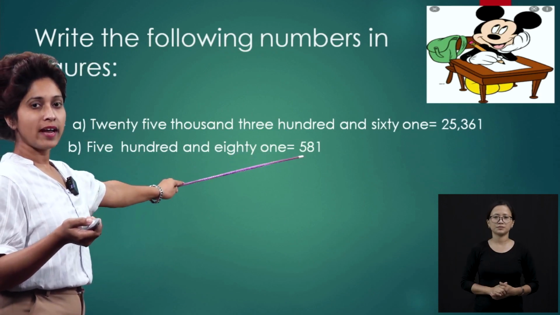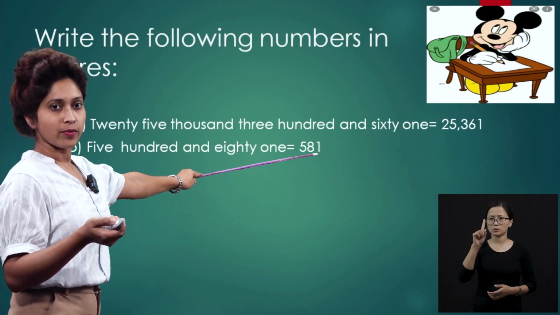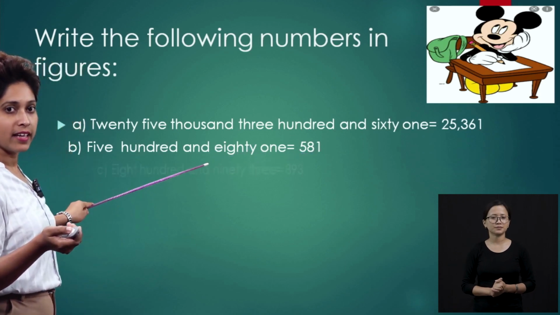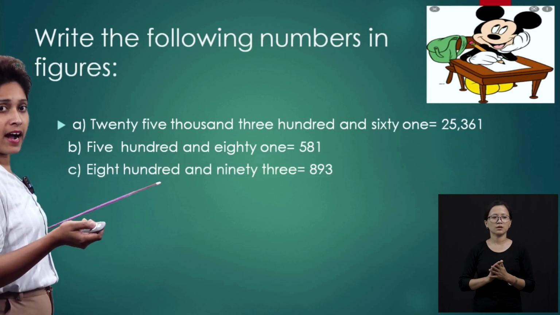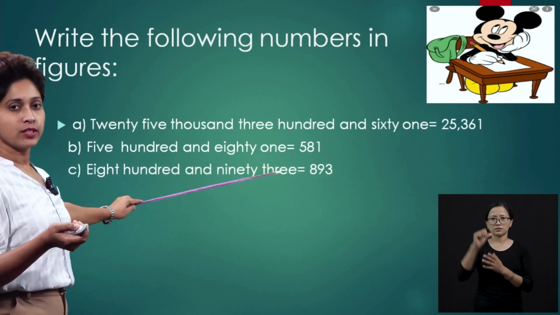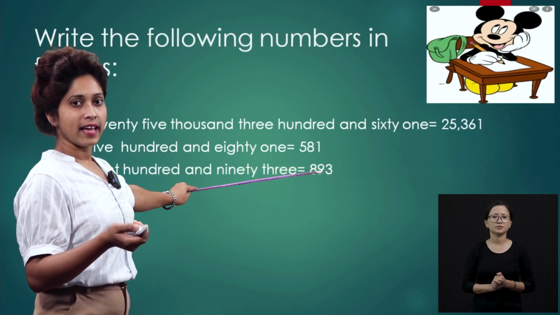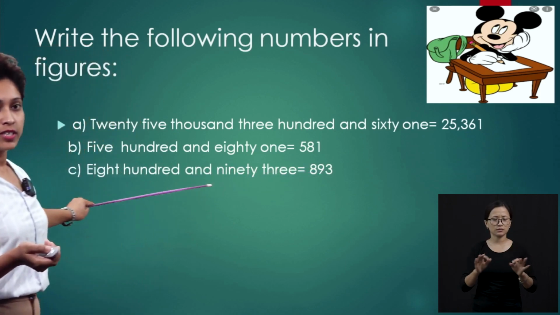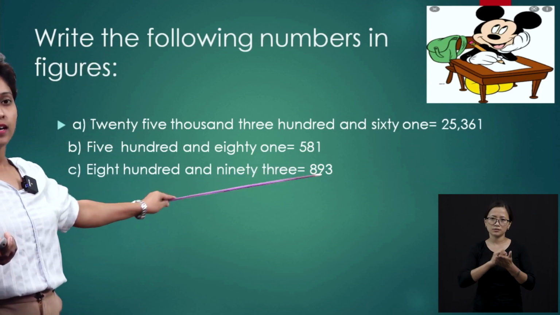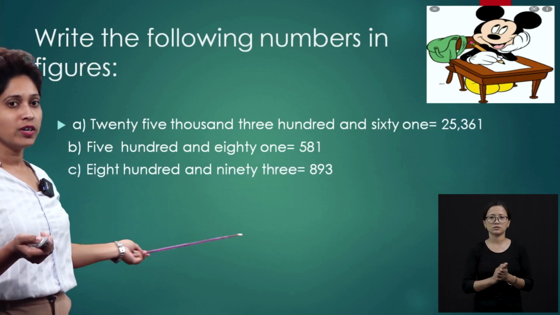So how will you write 581? Then you have another number, 893. How will you write 893? It is very simple, right? You just need to write down the numbers by reading the words.